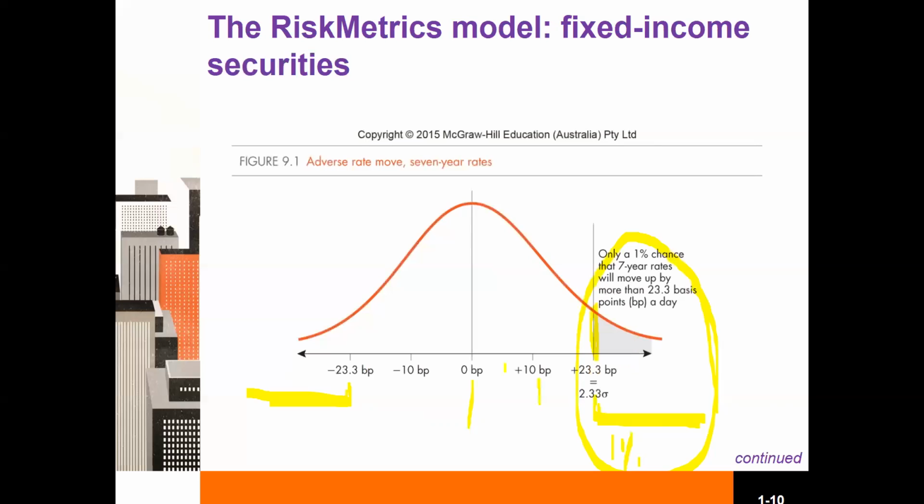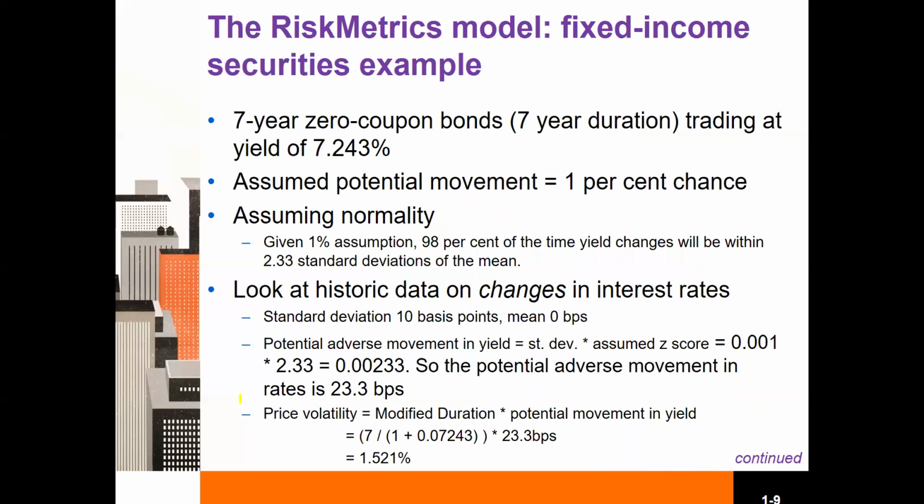So what we are actually arguing is that since 98% of the rate changes will be within this range, there is a 1% chance that the rate change will be higher than 23.3 basis points, and a 1% chance that it will be lower than minus 23.3 basis points.